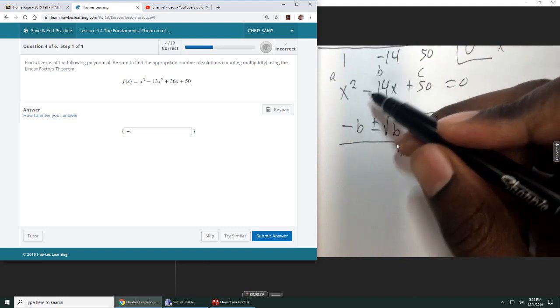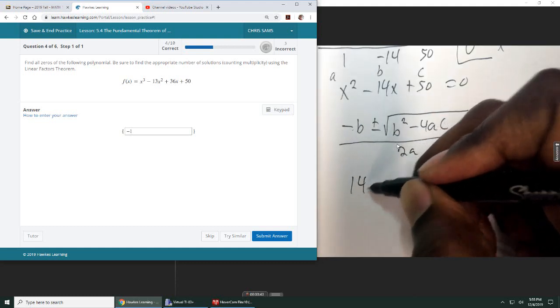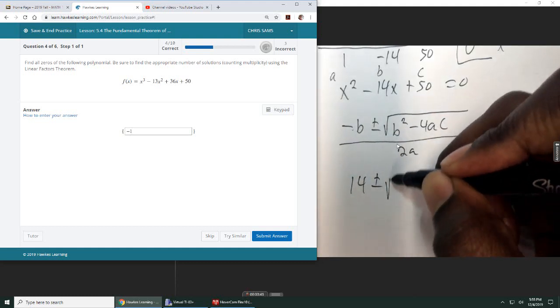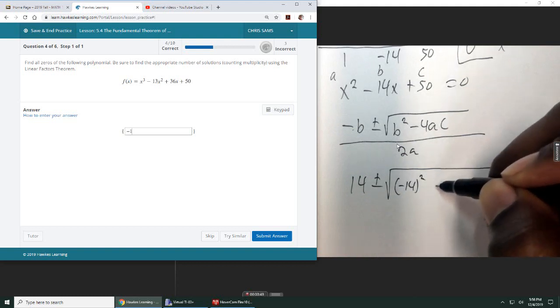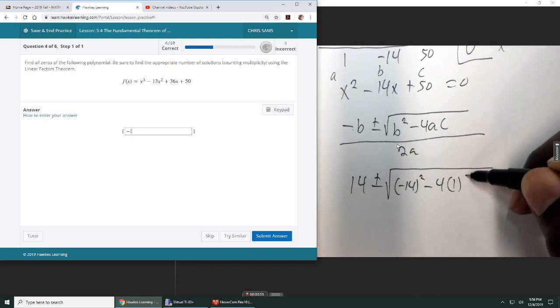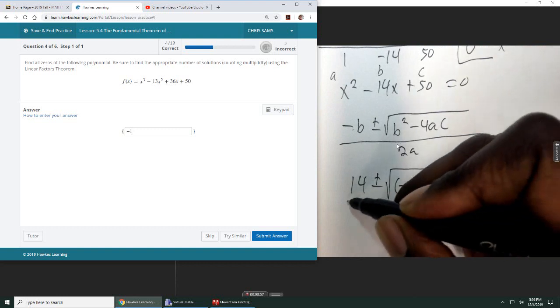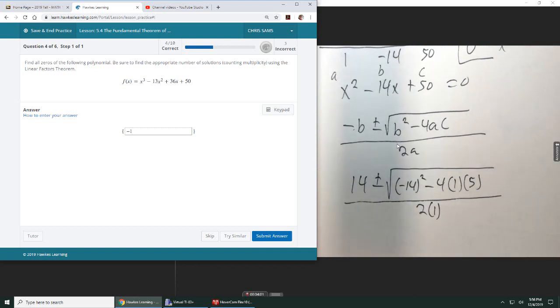So b is -14. When I plug a negative into a negative, it becomes positive. So we have 14 positive plus or minus square root. This is -14 squared minus 4 times a, understood to be a 1, and times c, which is 50, all divided by 2 times a, which is 1.